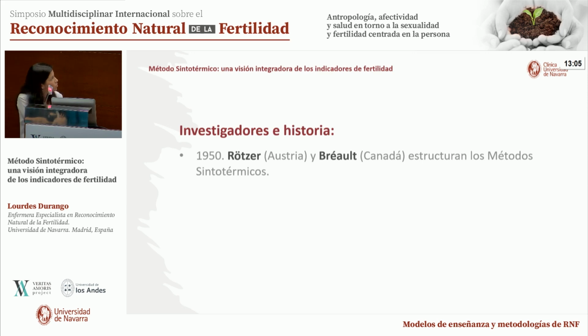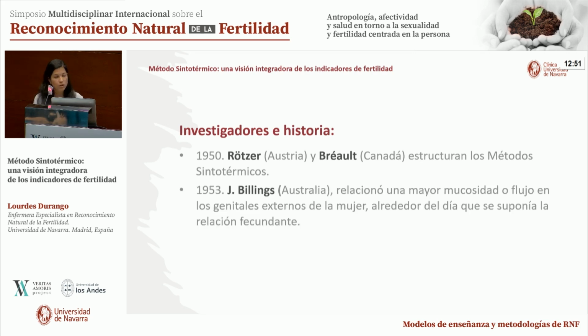In 1950, the doctors Rötzer and Breau paid attention to the cervical mucus, the basal temperature, and other signs of fertility, publishing for the first time a symptothermal method to delimit the sterile and not sterile phases of the cycle. In 1953, Dr. Billings, apart from whatever has been told to us, and that data I didn't know, is quite striking.